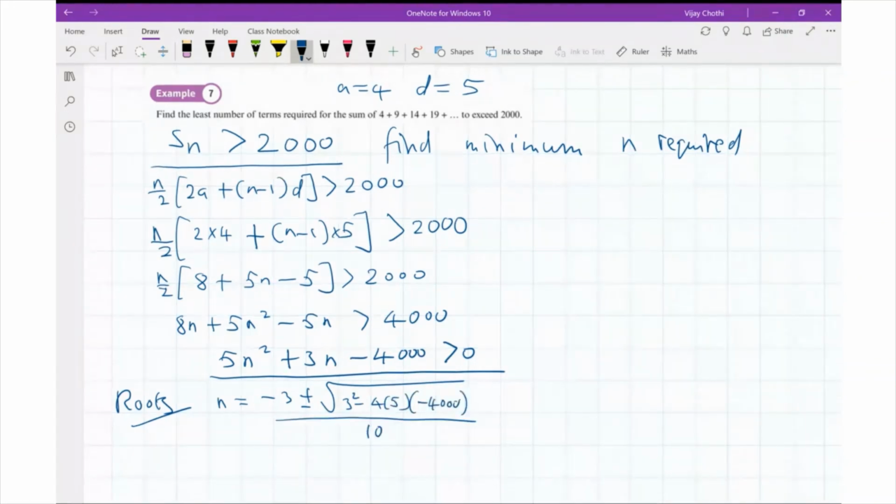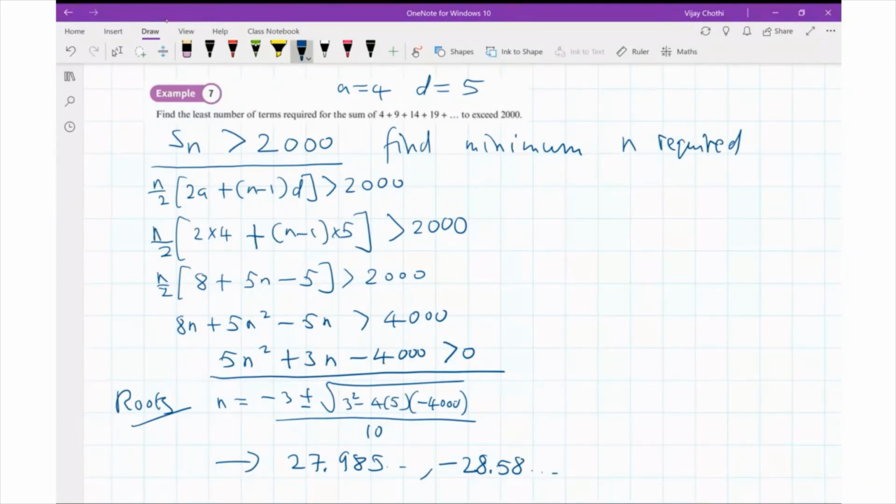That will give you 27.985 as one root. The other root will be minus 28.58 something.